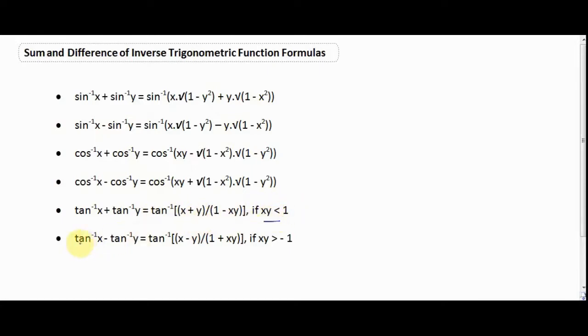Now tan inverse of x minus tan inverse of y is equal to tan inverse of x minus y divided by 1 plus x into y. This equation is valid if and only if this condition is satisfied, that is x into y is greater than minus 1.